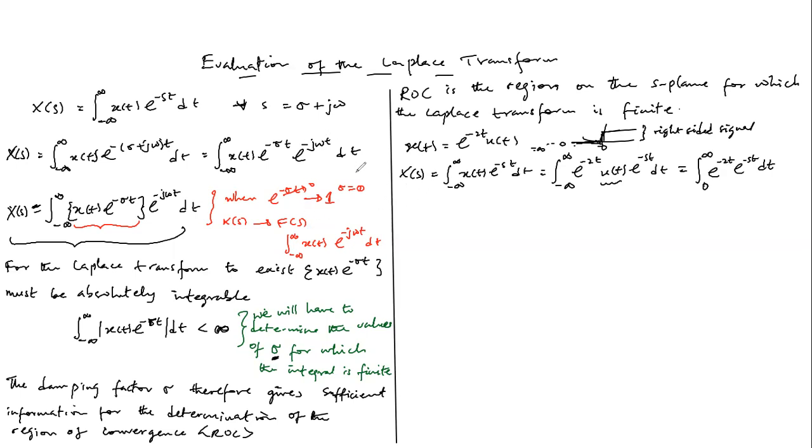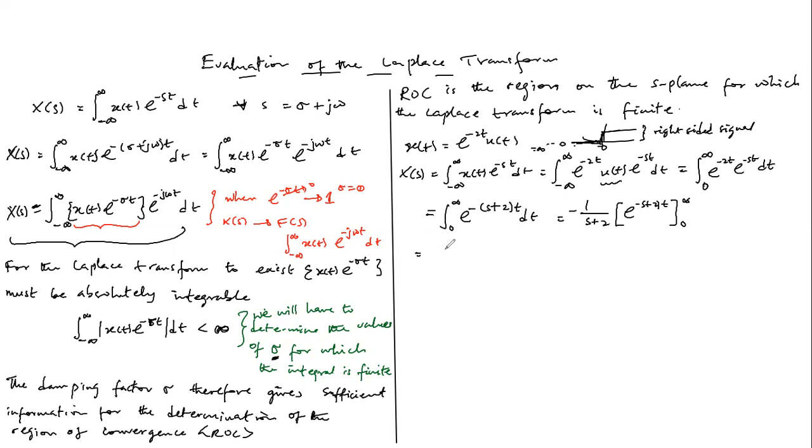Then this therefore becomes the integral from 0 to infinity of e to the minus (s plus 2)t dt. This will be the same as minus 1 over s plus 2, into brackets, e to the minus (s plus 2)t, taking our limits from 0 to infinity.